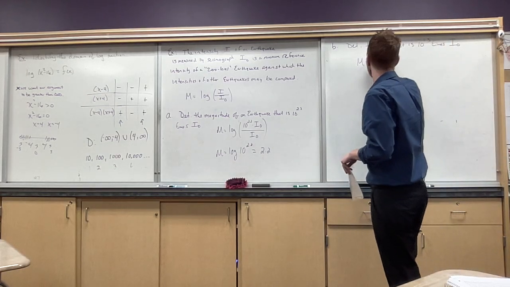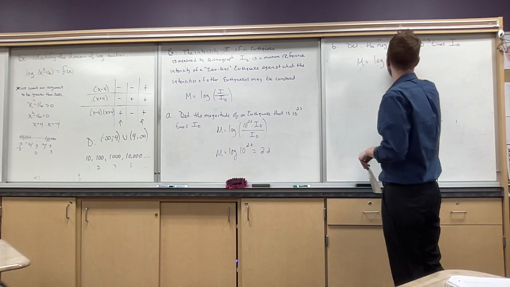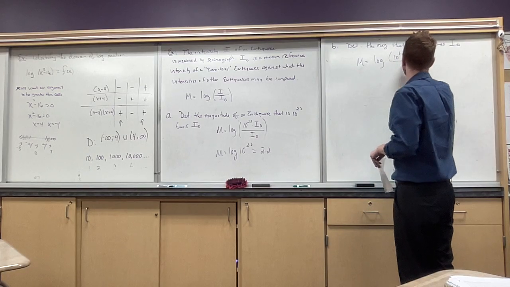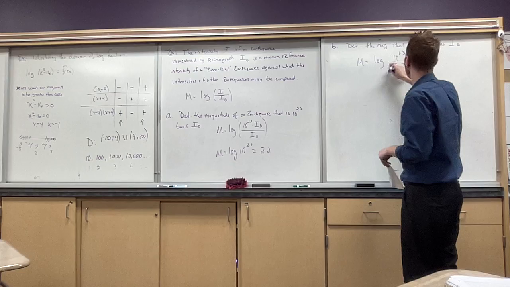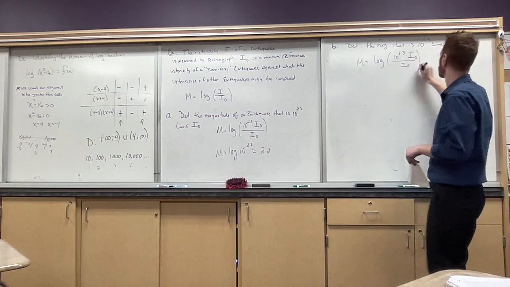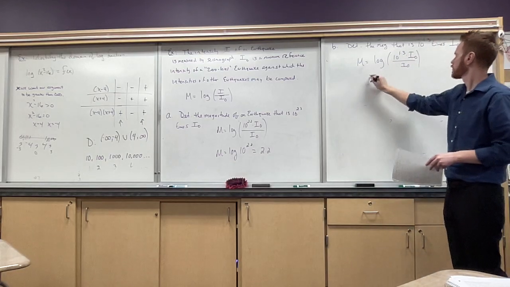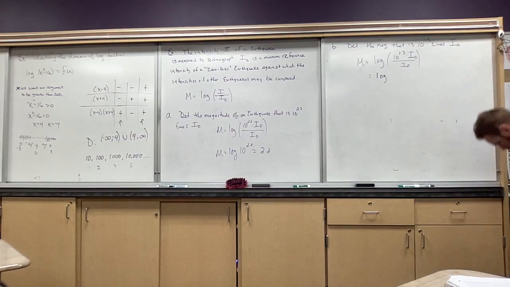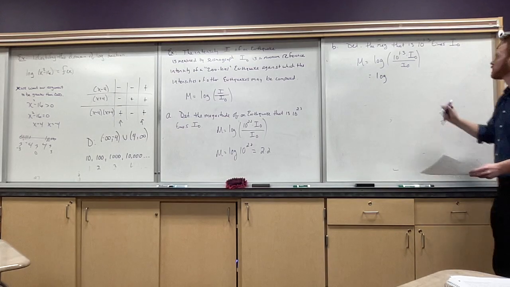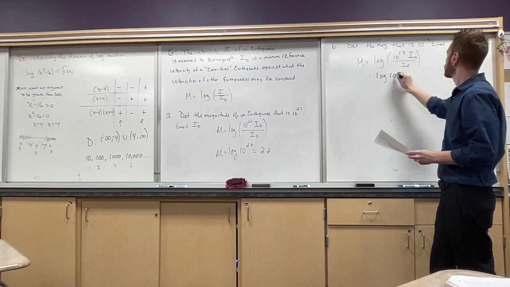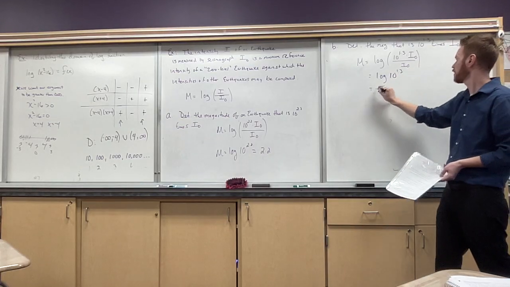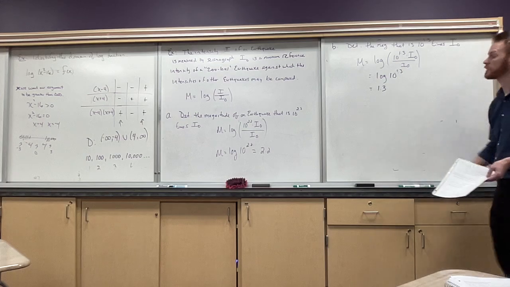So M is equal to log, same principle, 10 to the 1.3 times the minimum over the minimum. The minimums cancel out, that's just log of 10 to the 1.3. And because it is a base 10, using that property, it's only 1.3.